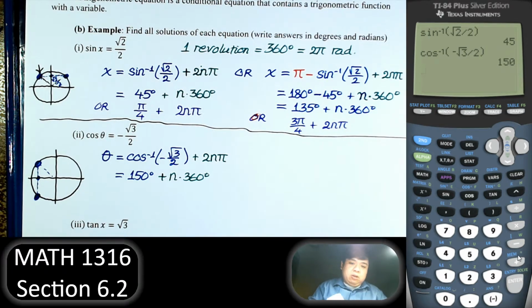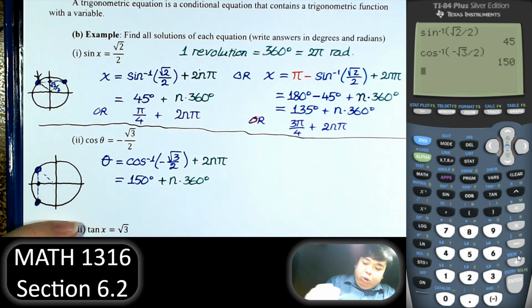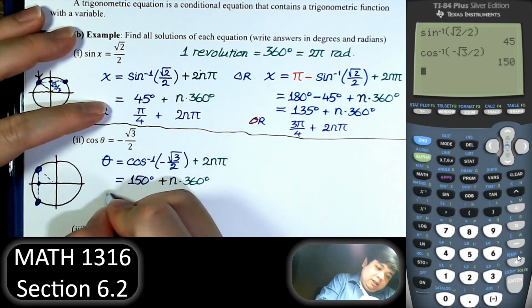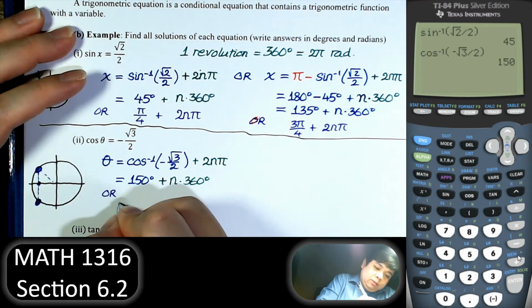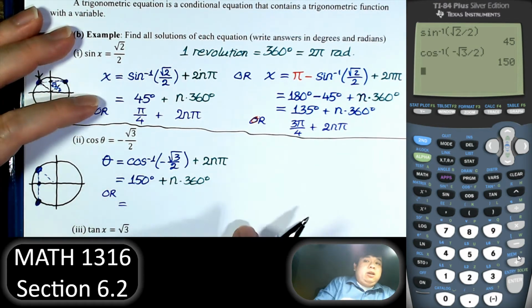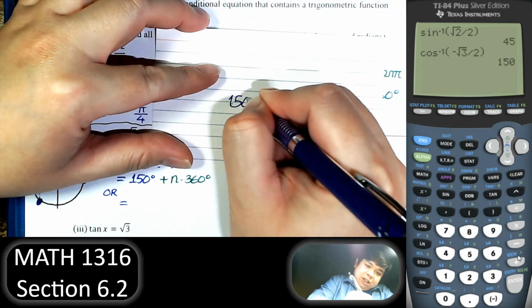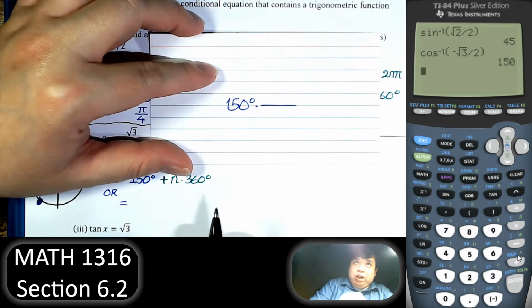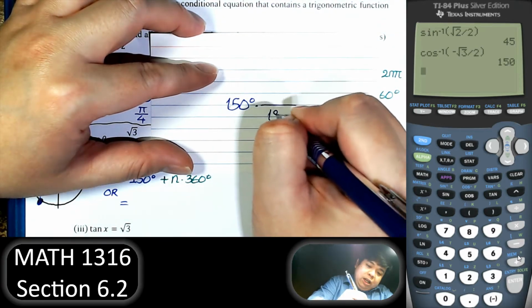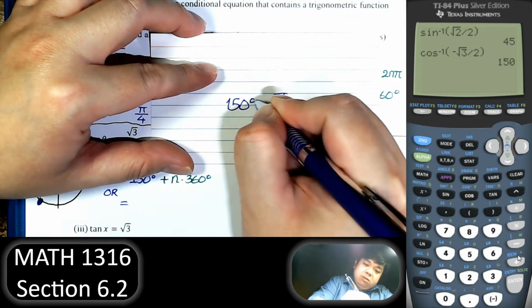And 150 degrees, if we write in radian, if we want to change this to radian, put 180 at the bottom and pi on the top.